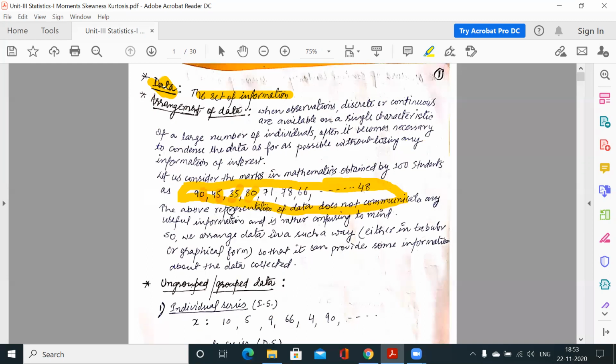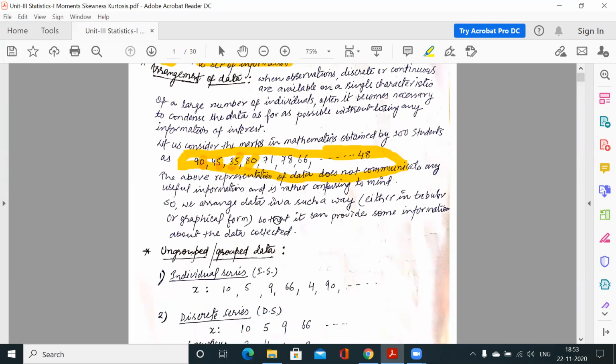Then I can see how many students are in each part and extract the information directly by seeing the data. So if the data is arranged in a particular manner, the information can be extracted very easily. Otherwise, you have to do a lot of analysis to get the information that the data communicates.